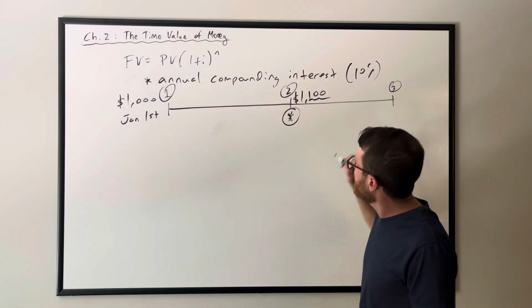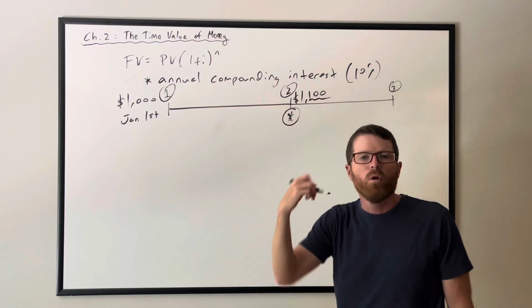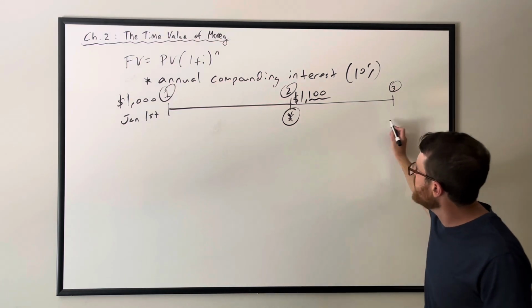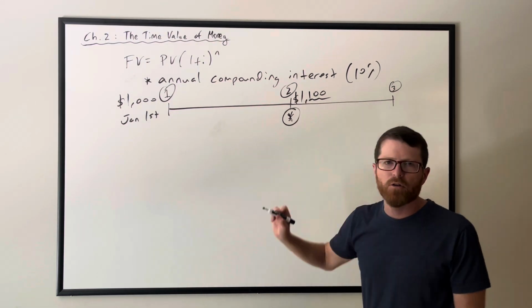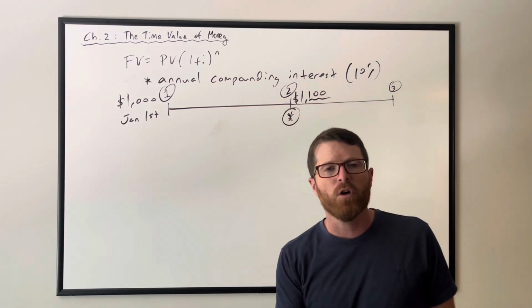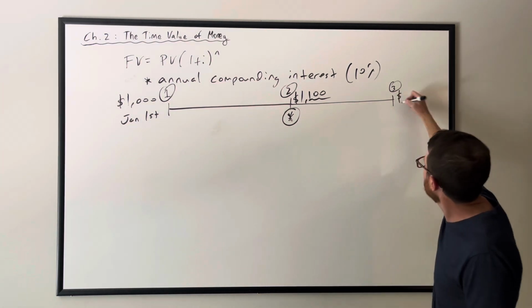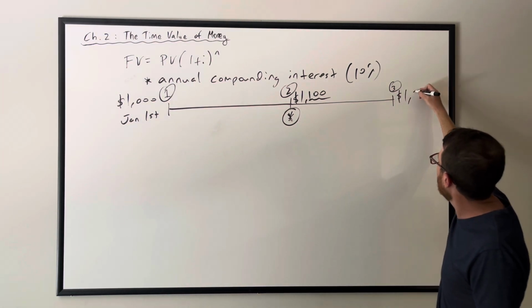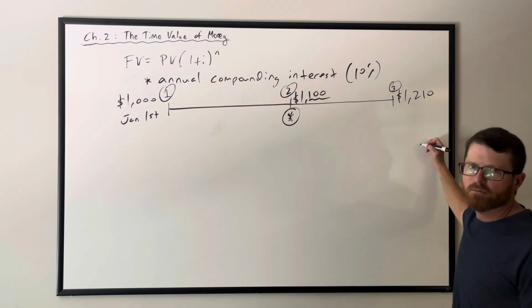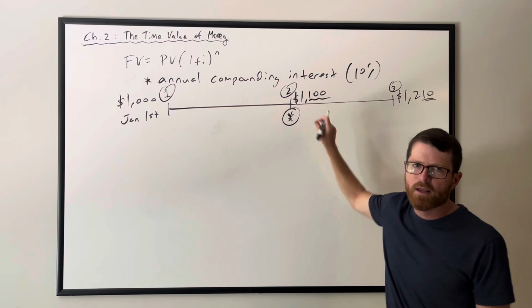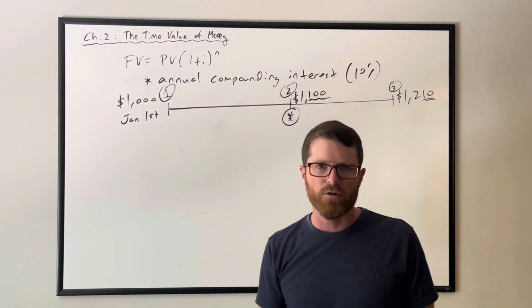Now that $100 that you've earned in interest will start to earn its own interest. So now during this next year, they will use $1,100 as the basis for determining how your money is going to grow into the future. And what we would see is 2 years into the future, you'd have $1,210, okay? That $10 extra right there is the interest that came from that $100 in interest.